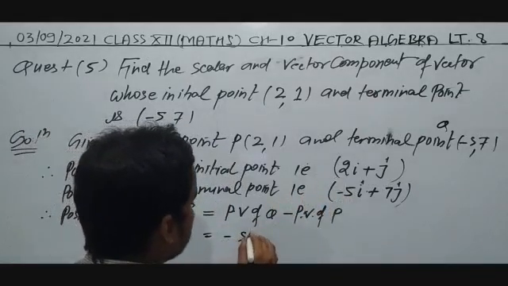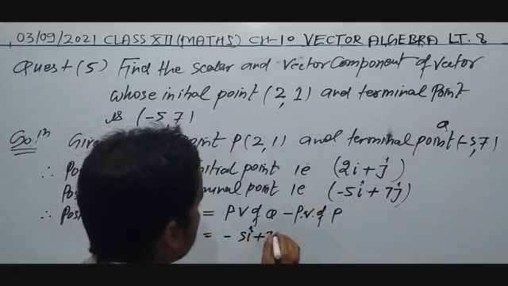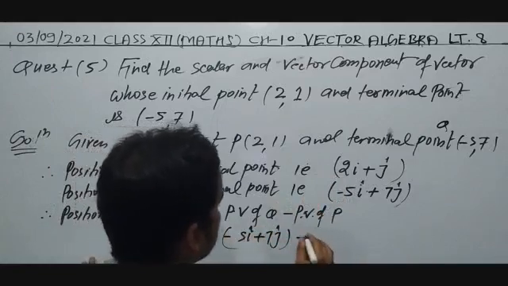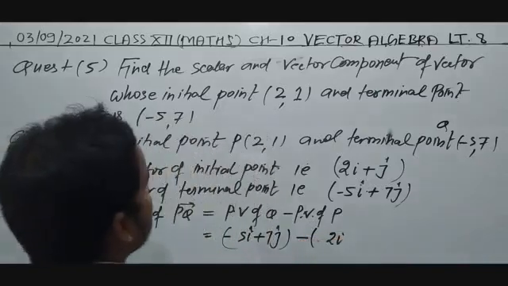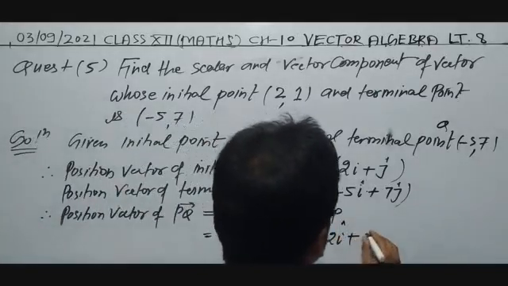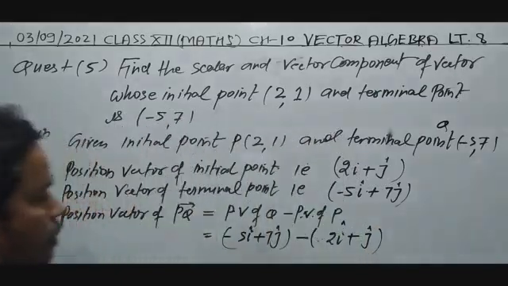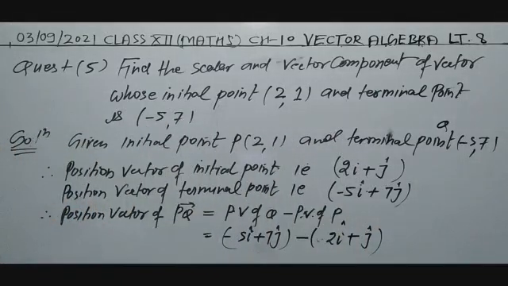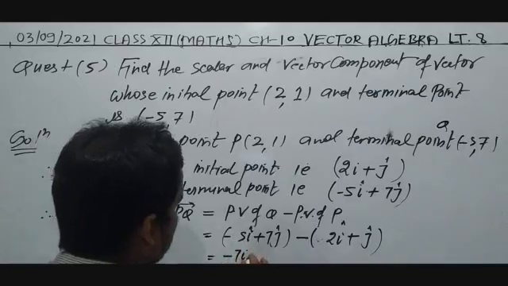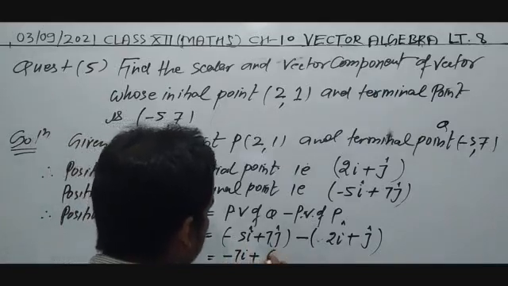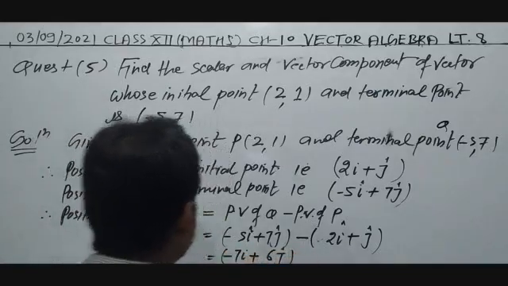So minus 5i plus 7j minus 2i plus j. Now when you solve it, what result will you get? You will get minus 7i plus 6j.